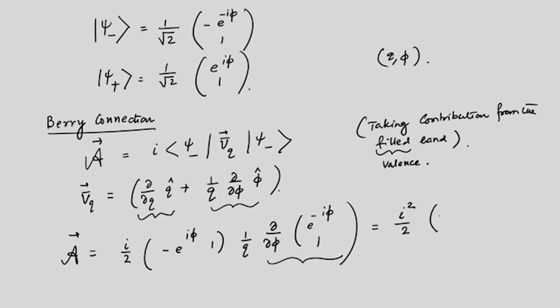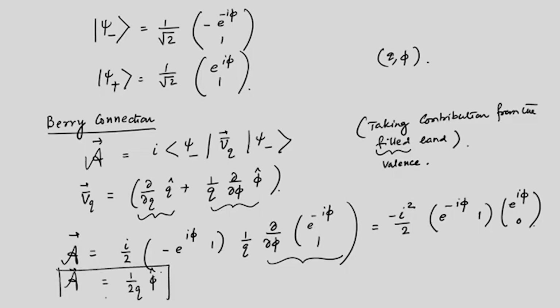So, there is a exponential minus i phi 1, and this will be exponential i phi and a 0, and I think I missed out a minus sign here, and this will give rise to a 1 by 2 q phi cap. Okay. So, this is the Berry connection for graphene.